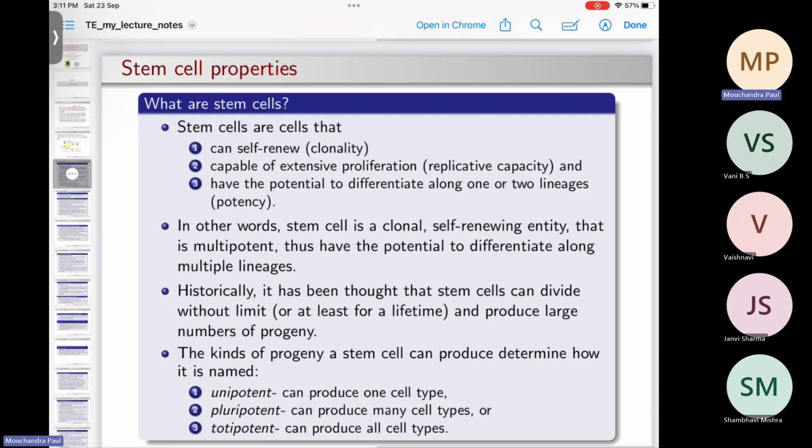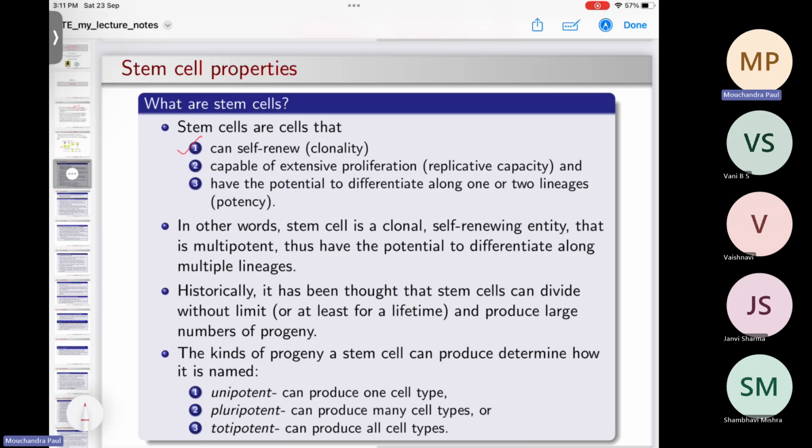So stem cells are those cells that can self-renew or have the property of clonality, means it can create clones. What are clones? Cells with the same exact features as itself. Like you are familiar with how the amoeba divides, right?